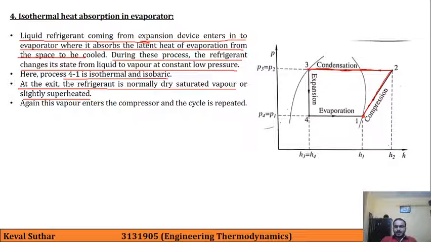Then the expansion process is adiabatic, and in this expansion process the enthalpy remains constant from 3 to 4, and then 4 to 1 is the evaporation process, where the enthalpy increases because of vaporization. So this is the pH diagram for the vapor compression cycle. And if you see carefully, the entire cycle is functioning only on two pressures.